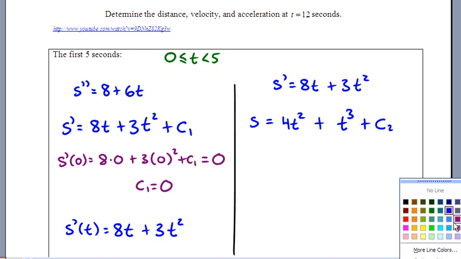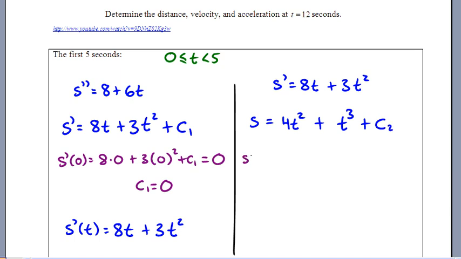But again, we have some initial values. We're told that the position at time 0, which would be 4 times 0 squared, plus 0 cubed, plus C2, we're told that it starts on the ground. So let's put a 0 in there because it starts on the ground. And that lets us solve for C2. And it looks like this C2 is equal to 0.